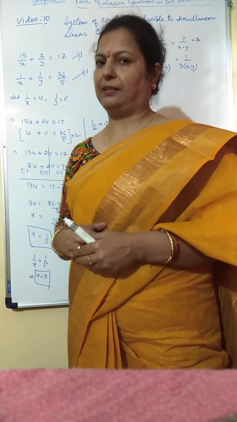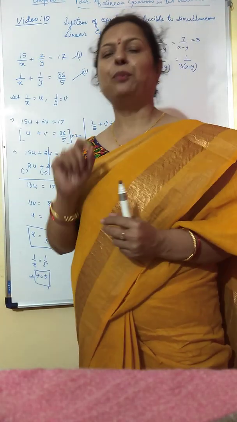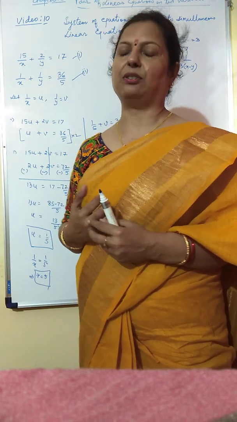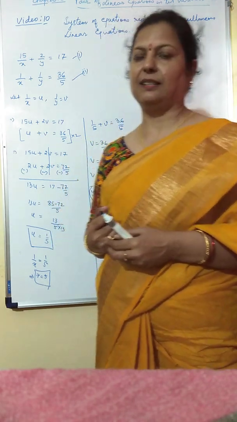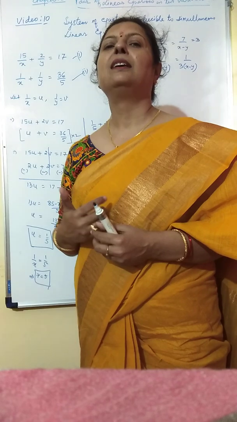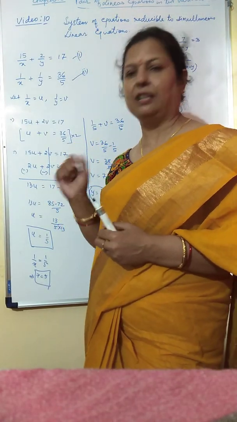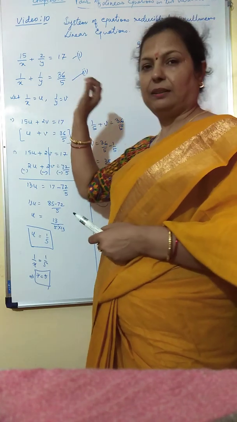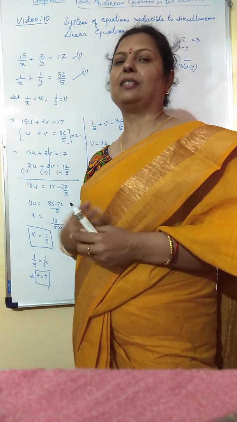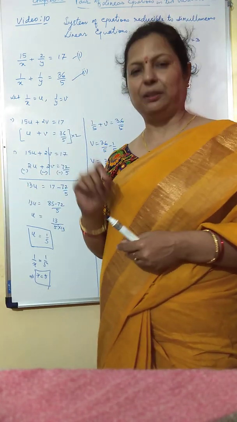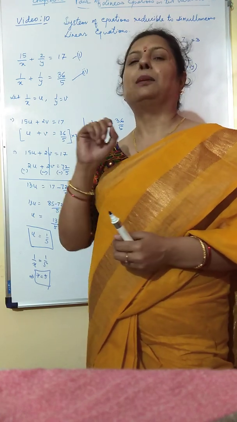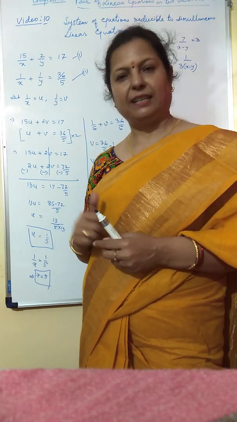Recall polynomials. In polynomials, what did we study about it? What was a linear equation? We said that those polynomials or algebraic expressions whose highest power of the variable was 1 was a linear equation. But simultaneously, what else did we study? That in polynomials, the powers of the variable cannot be negative.